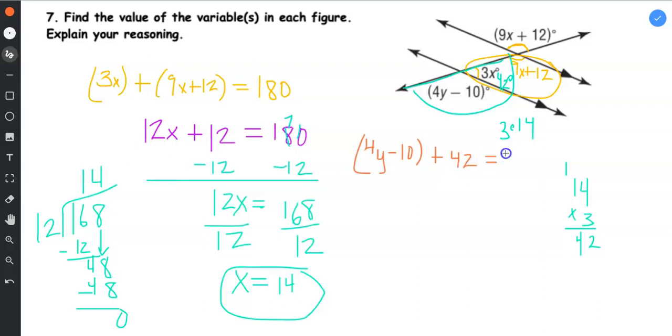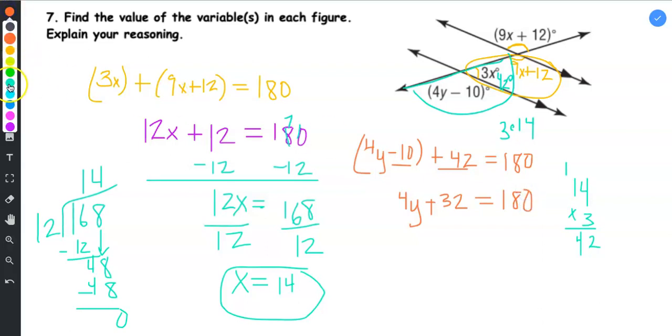We found it equals 42, and together those two angles add up to 180 degrees. Next, I combine like terms. So I copy down the 4y because nothing goes with the 4y. 42 minus 10 gives me 32. And I bring down the equal sign and the 180.